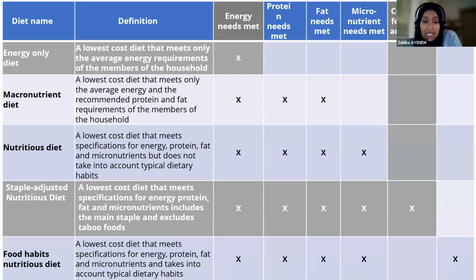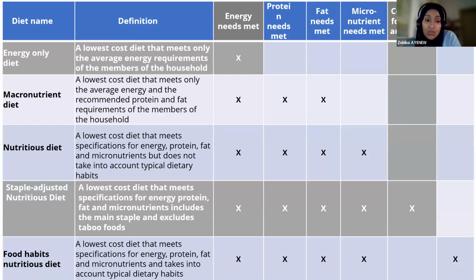So it's placed here in between the nutritious diet and the food habits diet because it's kind of an in-between diet. It takes into account local preferences when it comes to staples only, but it also fulfills all the nutrient requirements of the individuals when it comes to both macro and micronutrients.